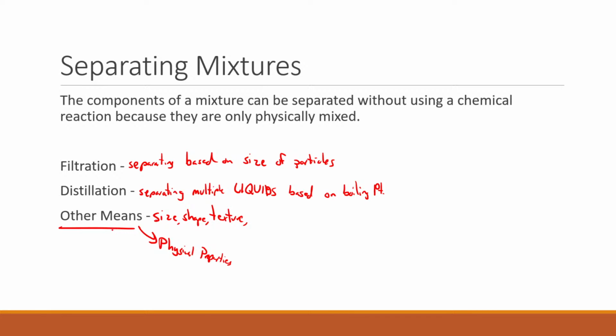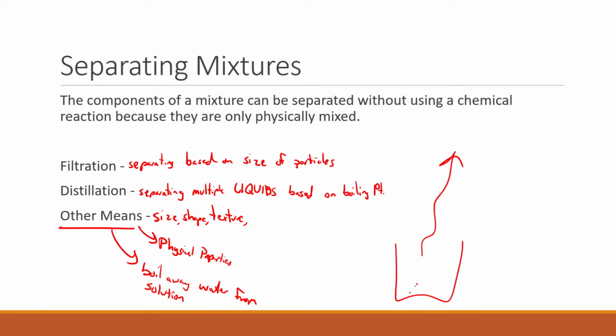If you have a combination, right, something dissolved in water, you can boil away the water. Right, if I have salt water and I boil it, the water leaves and the salt gets left behind. And then I've got water vapor and salt separating my mixture.